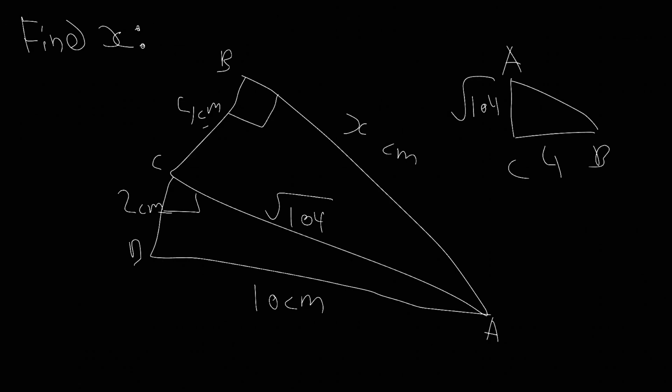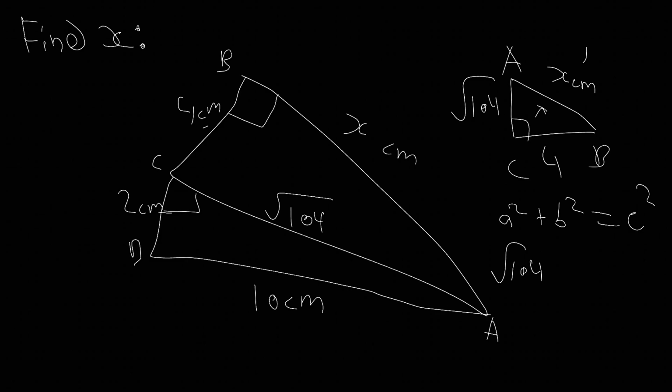And then I have over here x centimeters. So we know that x over here is the hypotenuse, as it's opposite the right angle. So a squared plus b squared is equal to c squared.